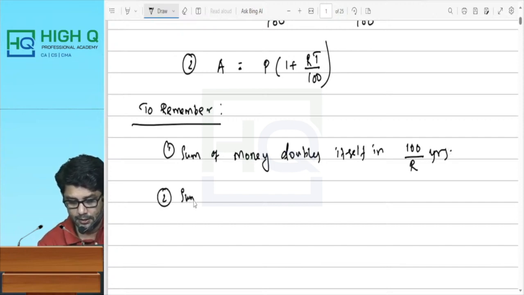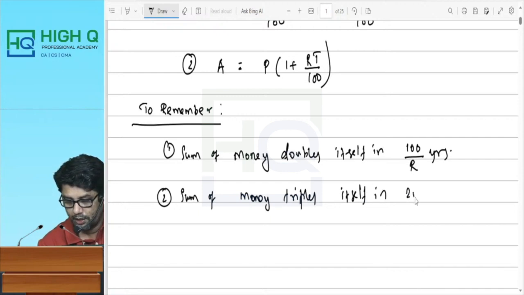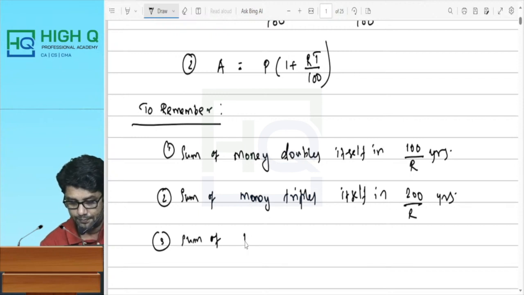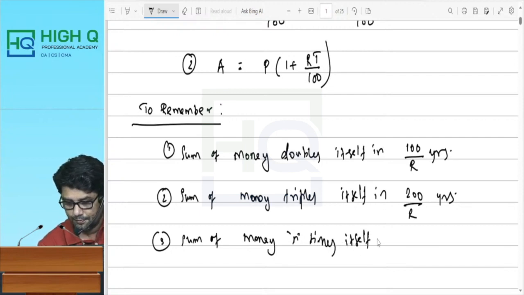Second one, a sum of money triples itself in 200 by R years. That is, a sum of money becomes n times itself in (n minus 1) into 100 by R years.